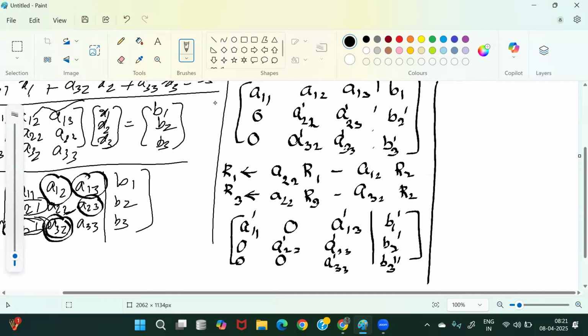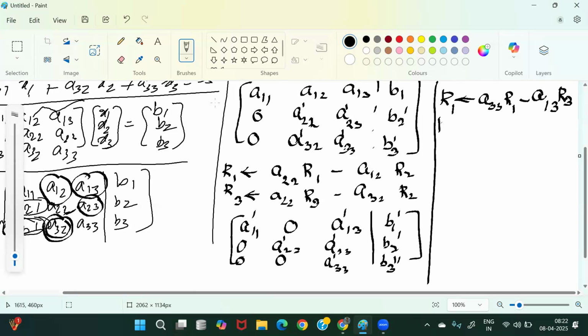Now what are the equations now? The third row is the reference. The first row and second row will change. The first row is replaced: A33 into R1 minus A13 into R3.